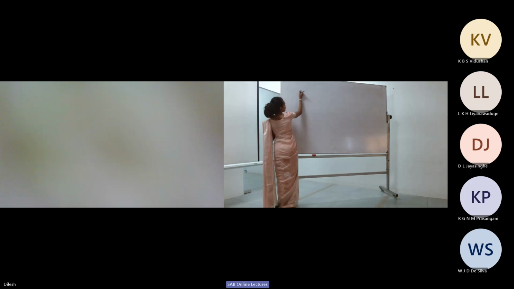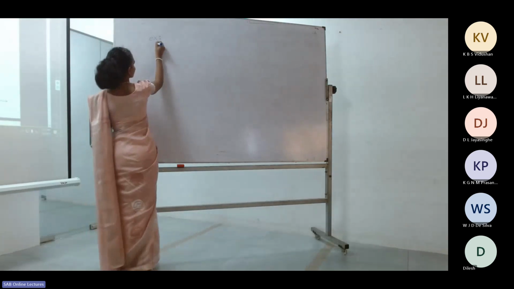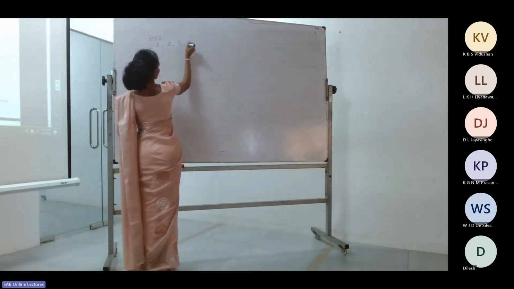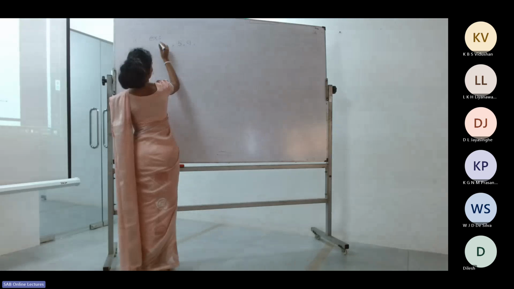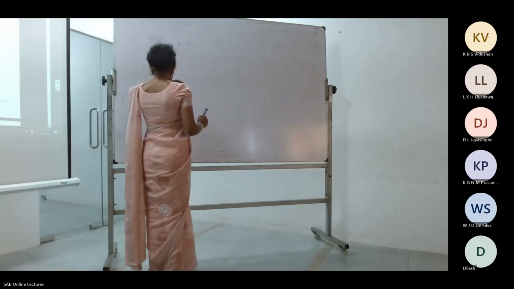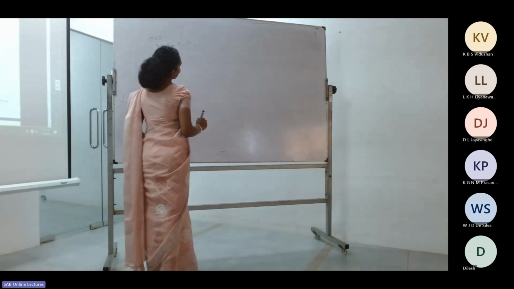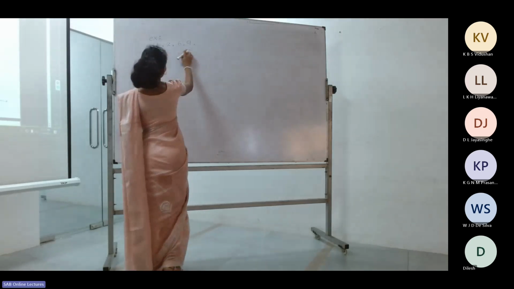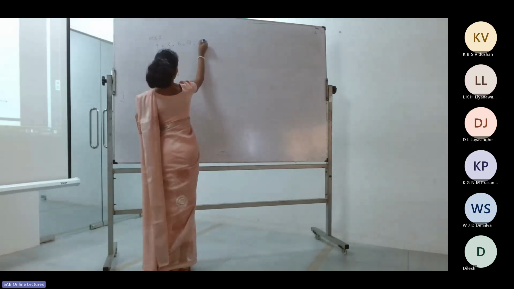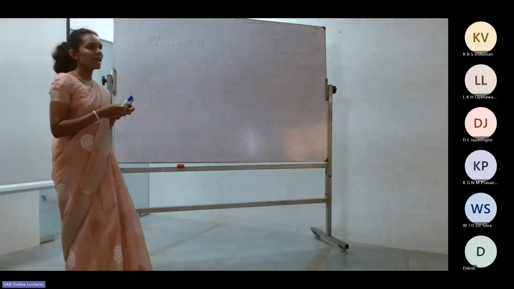Let's take an example and calculate the quartiles. This is the data set: 4, 2, 6, 9 and 13.